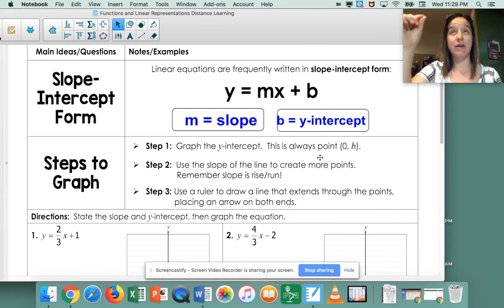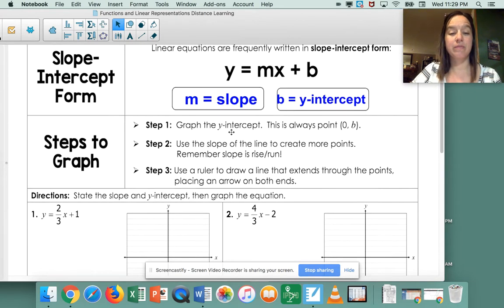Then I can do my rise, my run, and put another point. I'm able to create my line without having to plug in a number and see what I get out for y. I could do that, but honestly, if something's given to me in slope-intercept form, it's 100 times easier to just plot my y-intercept, do a couple of my slopes, and call it a day.